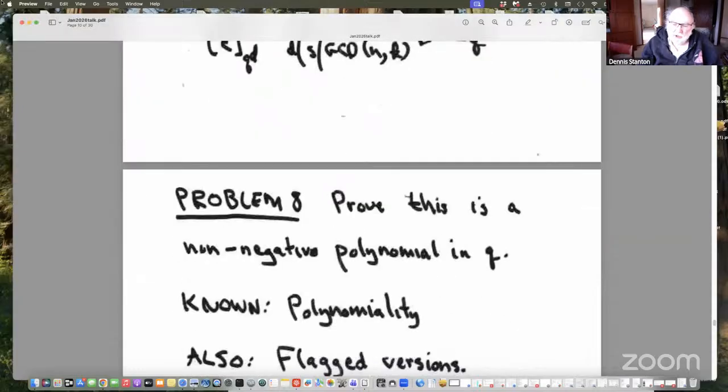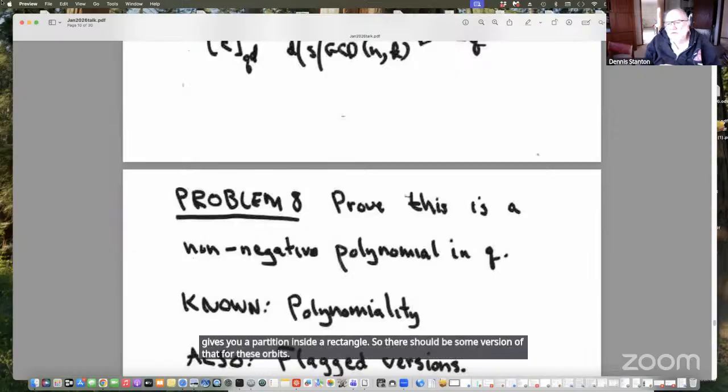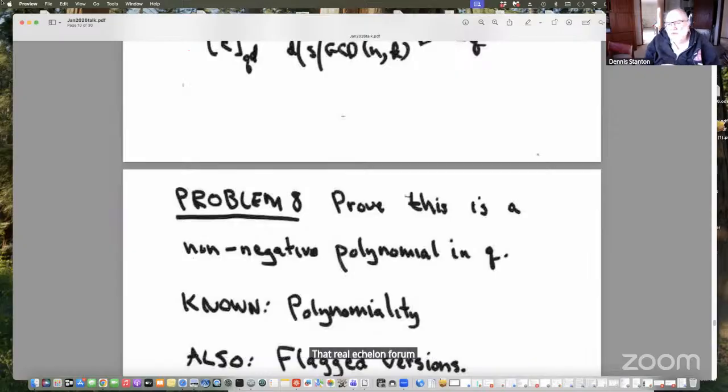For just the q-binomial coefficient, it's easy to do that for subspaces by taking a basis and writing it in row echelon form. Where the stars are in the row echelon form gives you a partition inside a rectangle. So there should be some version of that for these orbits, that row echelon form business, but we don't know what it is.